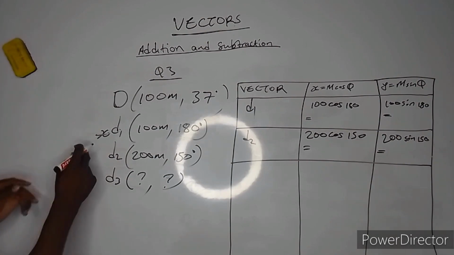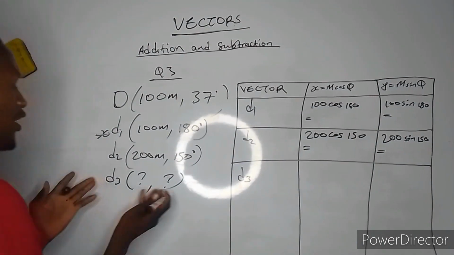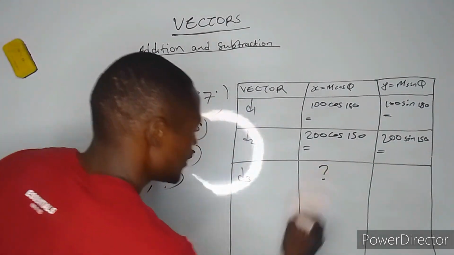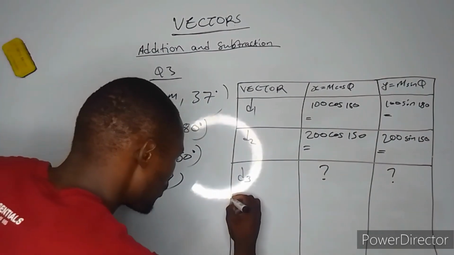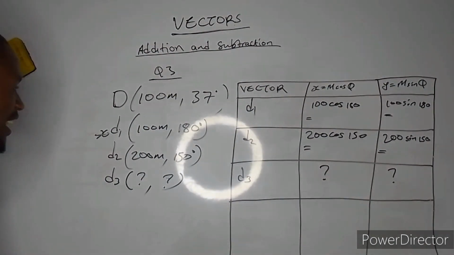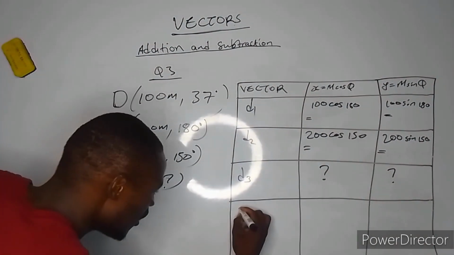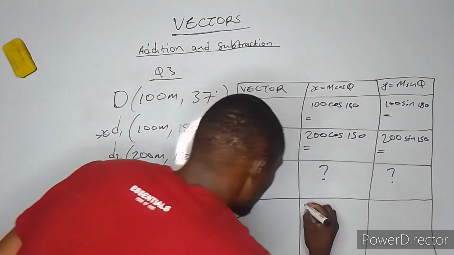Then we continue. D3. What is our D3? We are not given anything here, so this is a question mark. We don't have anything. So we'll proceed to D in general, capitalized like this, and they are saying it was 100.